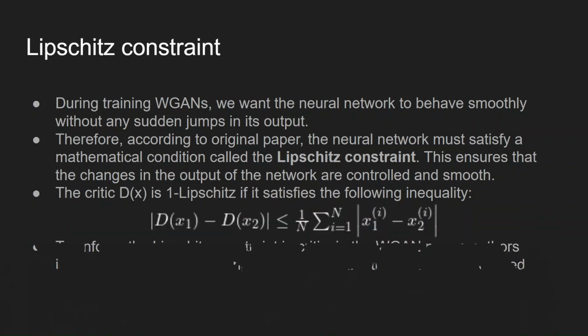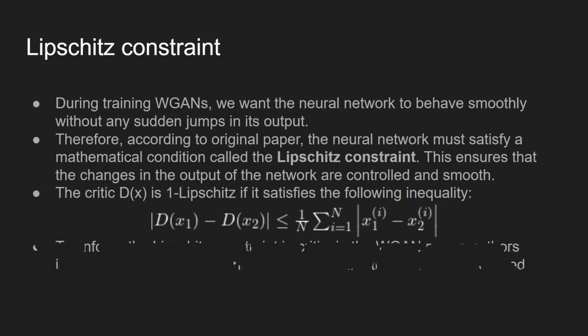Mathematically, it looks something like this. If the output of the critic is D(x), then the 1-Lipschitz condition should satisfy the following inequality: if x1 and x2 are two images, then the absolute difference between their critic scores should be less than or equal to the average of their absolute pixel-wise difference, where n represents the number of pixels and x1_i is the ith pixel.